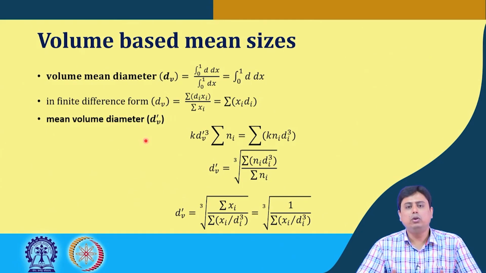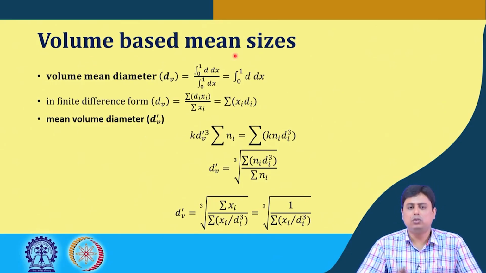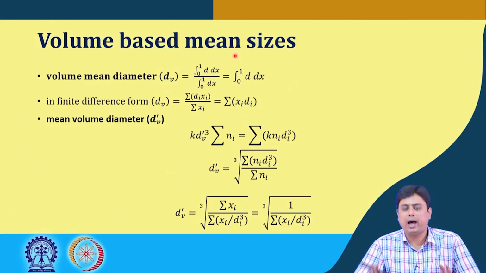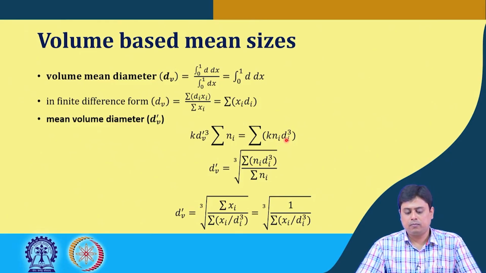Since we are defining this mean based on volume, the volume is conserved and should be identical. By that, the definition becomes k d prime v cube, which is the volume multiplied by the number of particles, equal to the summation of the individual components. By doing this we can find the mean volume diameter as this expression.